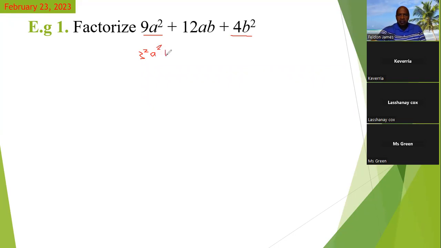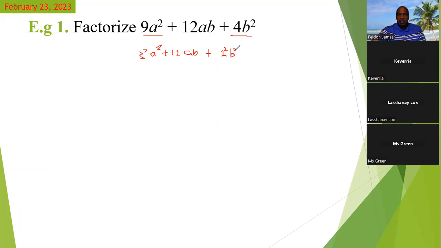Now we're just going to rewrite the middle term as it is. And then we write the last term in square form. How can we write the last term in its square form? 2 squared. All right, so we write 2 squared for the 4, and then we write back the b squared.